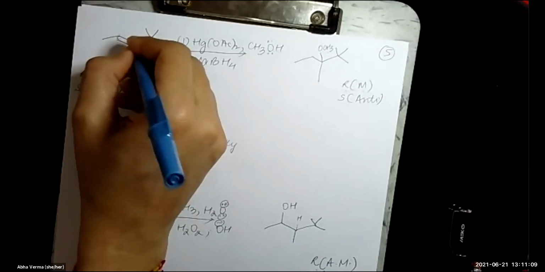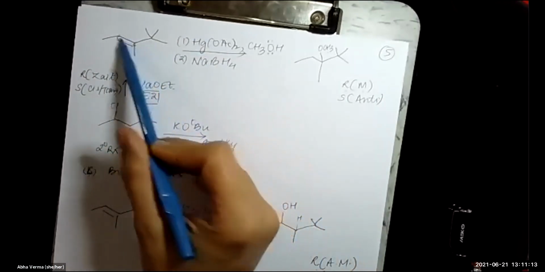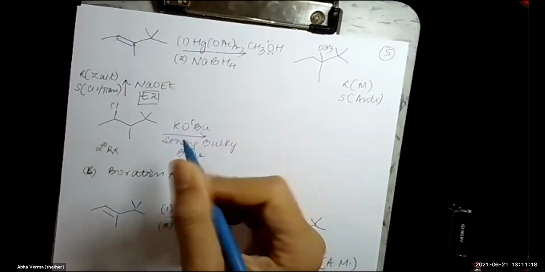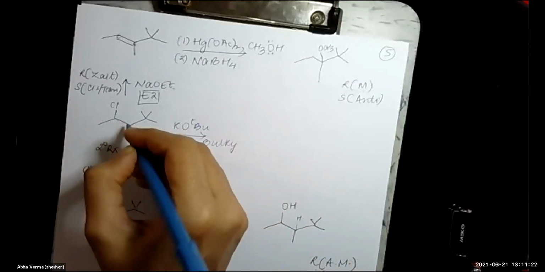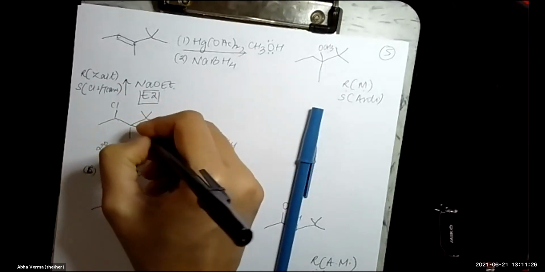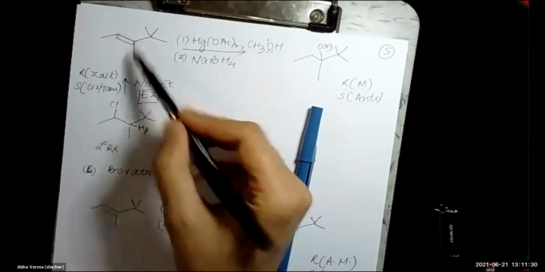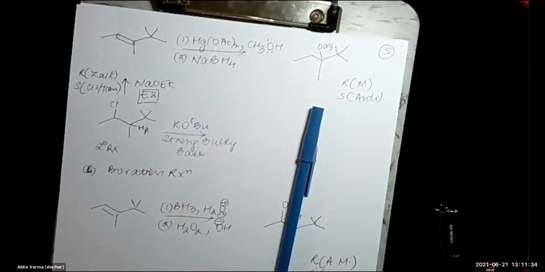This is a tri-substituted alkene. The more substitutions you see across an alkene, the more stable that alkene is. But with a strong and bulky base, this is not the beta hydrogen that will be taken out. So this was the beta hydrogen that was taken out when sodium ethoxide, or a regular base, attacked.